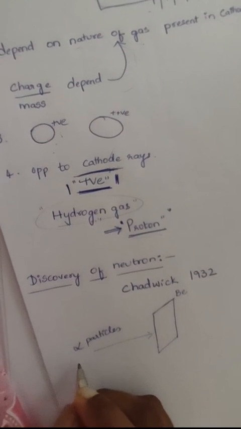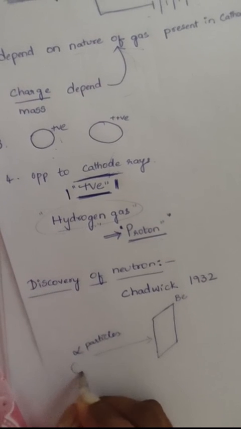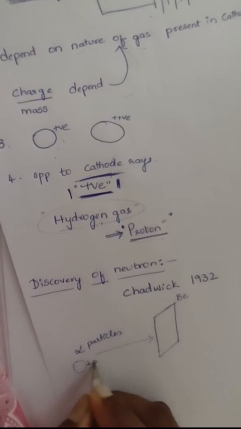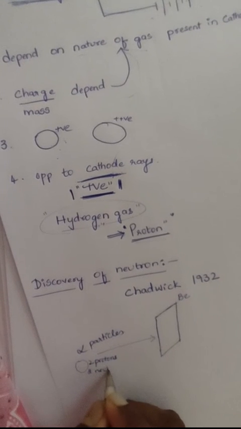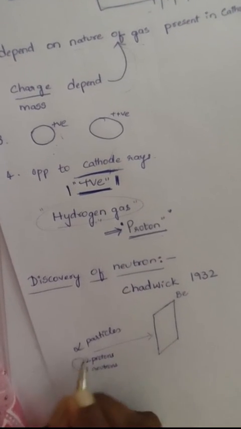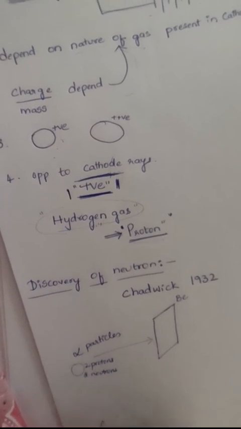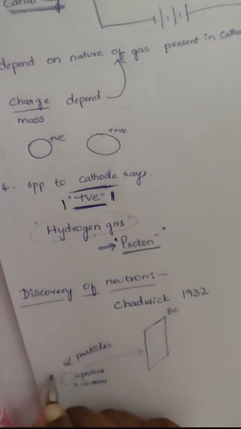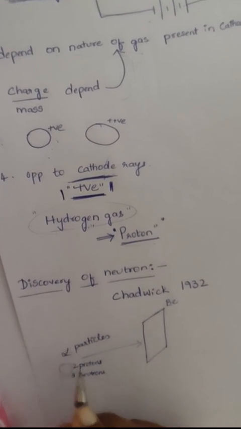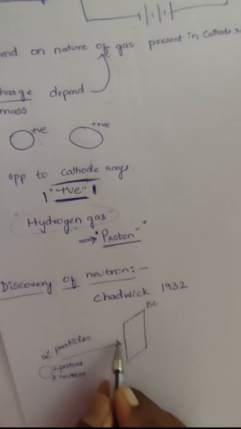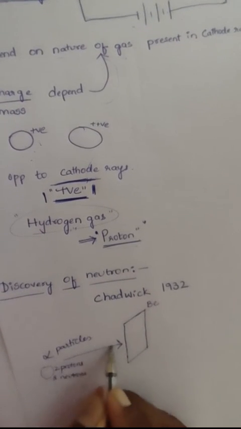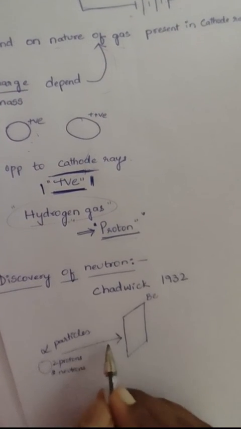Alpha particles are nothing but particles containing 2 protons and 2 neutrons. These are emitted during radioactive decay. So during radioactive decay, alpha particles are emitted. These are used as a source, and made to strike beryllium metal.